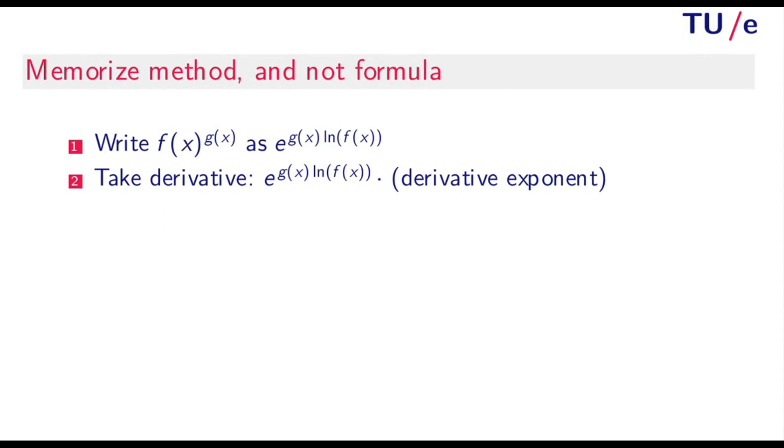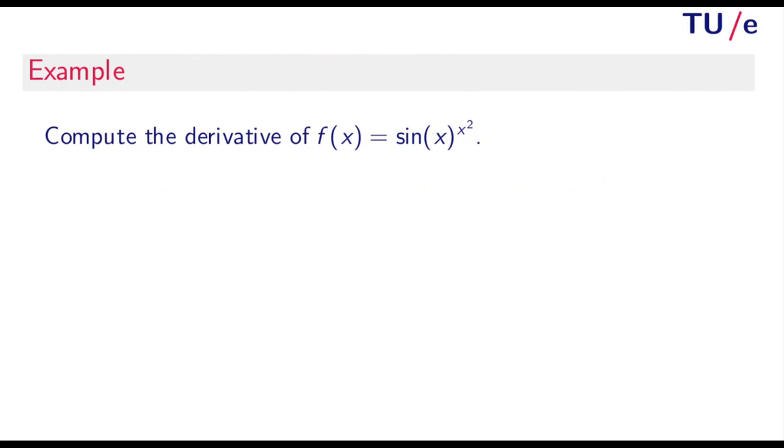Just take the derivative, that's e to the power g(x) ln of f(x) times the derivative of the exponent. And now rewrite this, if you want, using that e to the power g(x) ln of f(x) equals f(x) to the power g(x). Let's just do this with an example.